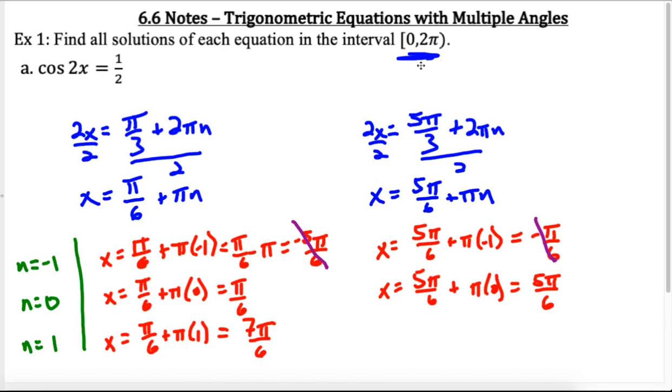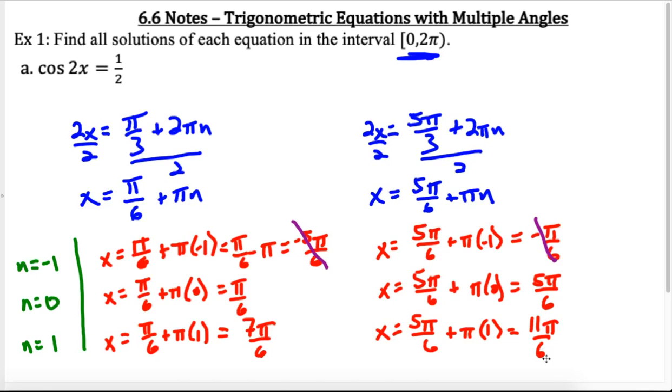That is actually also in between 0 and 2 pi. So we found a third answer. Let's see if we can get a fourth. And if I add pi times 1, 5 pi over 6 plus 6 pi over 6 would be 11 pi over 6. And that is actually still in between 0 and 2 pi. So we have found a fourth answer.